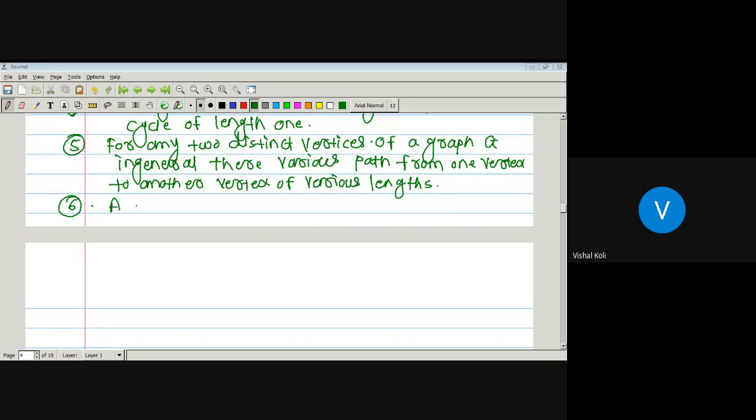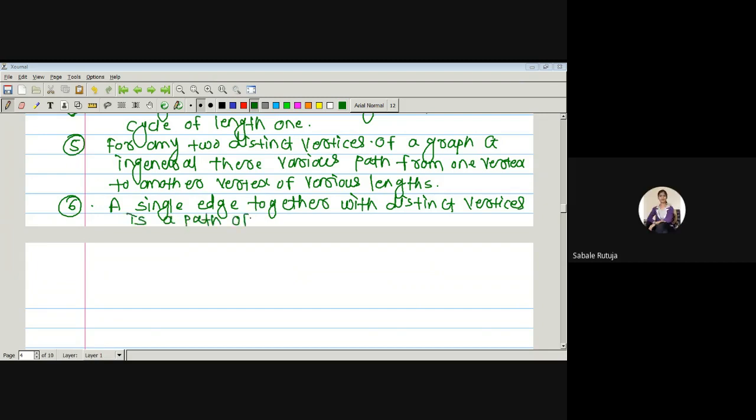So a single edge together with distinct vertices is a path of length 1. And if the ends are same, then it is a cycle of length 1.